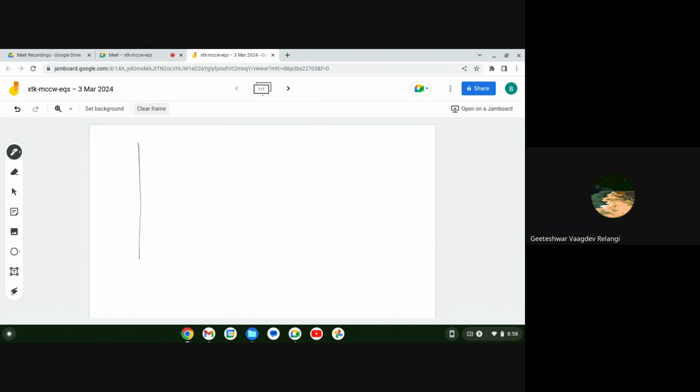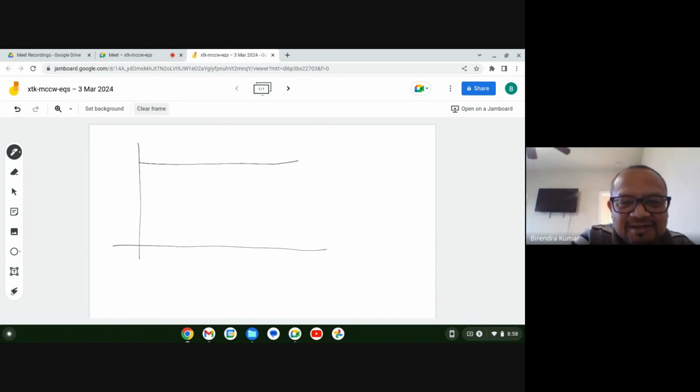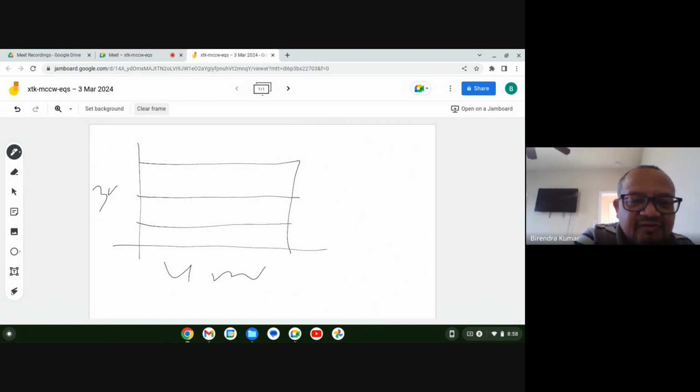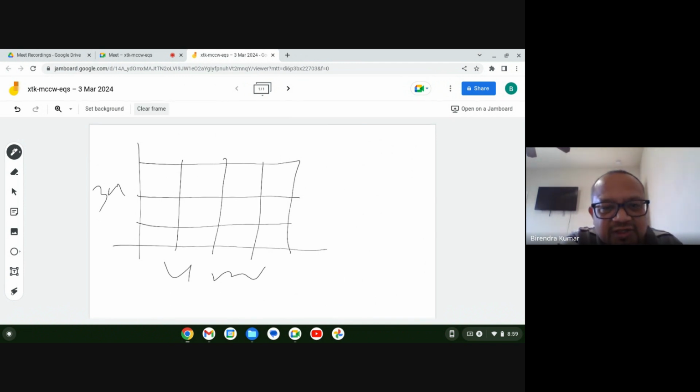So if you look at a rectangle which has 4 centimeter length and 3 centimeter width, you can essentially break this into 12 boxes of 1 centimeter length and 1 centimeter width.